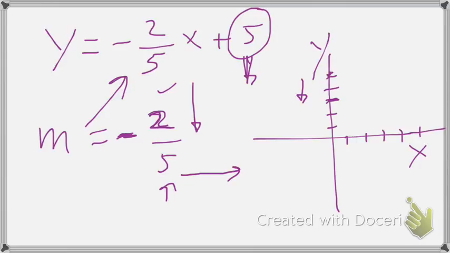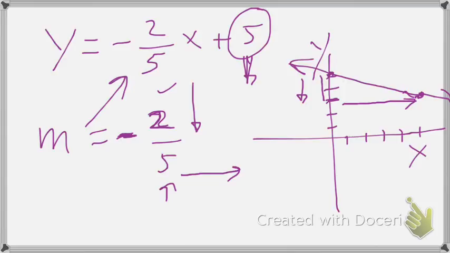So the point should be more or less here, because it says come down 2 units and then move 5 units to the right. And that should give you the graph. All we need is 2 points to graph the line. So here are the 2 points that you need, and here is the line that you are graphing. That's how the line should look.